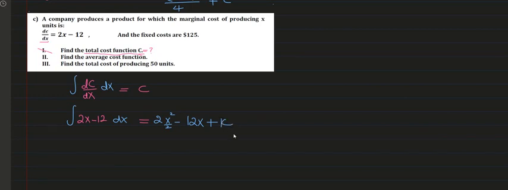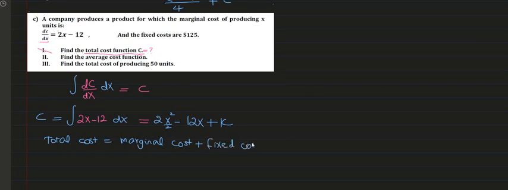And let's call it here k in order to differentiate between it and the cost, the c for the cost. So this is the C now, the cost, right? We know that the total cost is equal to the marginal cost, or the varying cost, plus what?